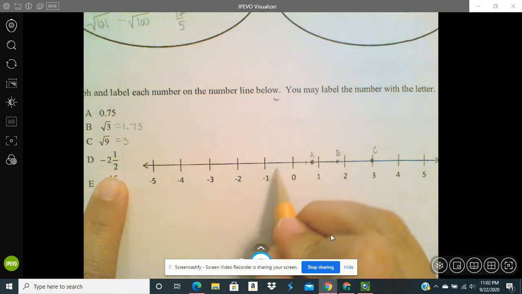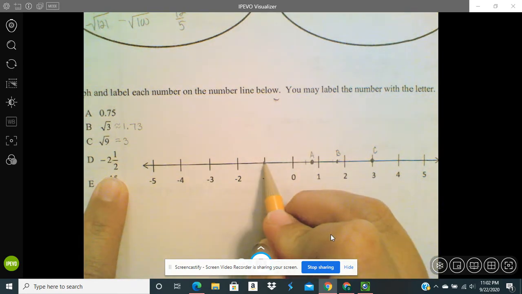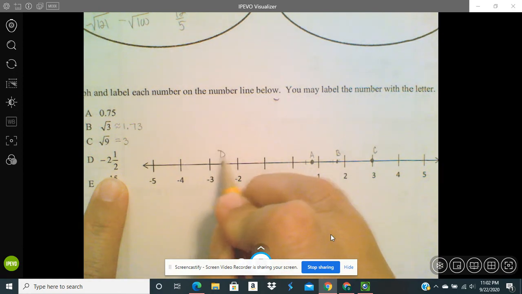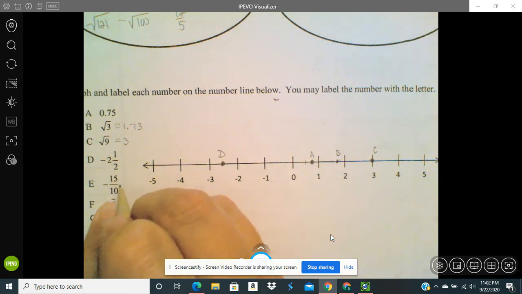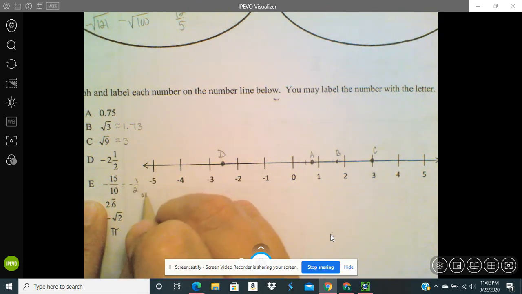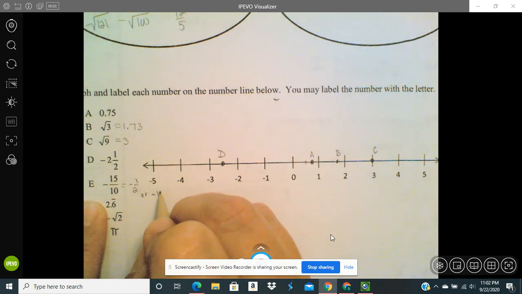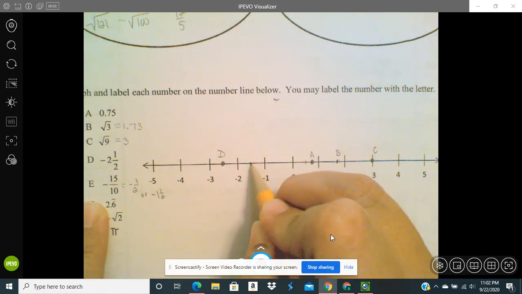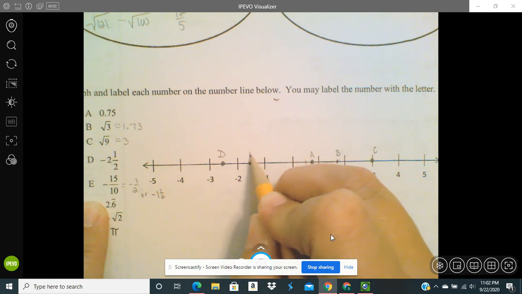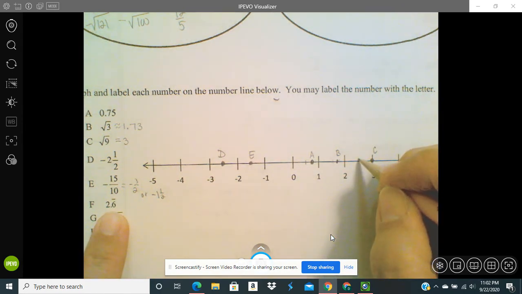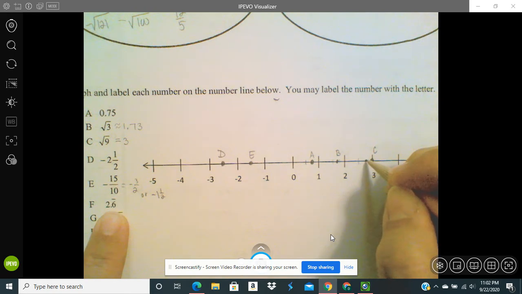Negative 2.5. Here's 0, negative 1, negative 2, negative 2.5. Oh, negative 15/10 is negative 3/2. Or some of you might look at it as negative 1 1/2. Negative 1, negative 1 1/2. 2.6 repeating is after 2.5, but not quite 2 3/4.